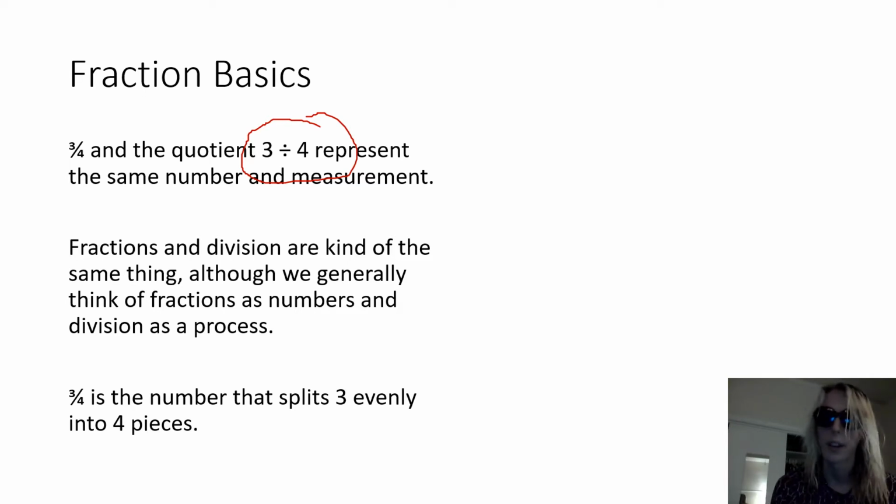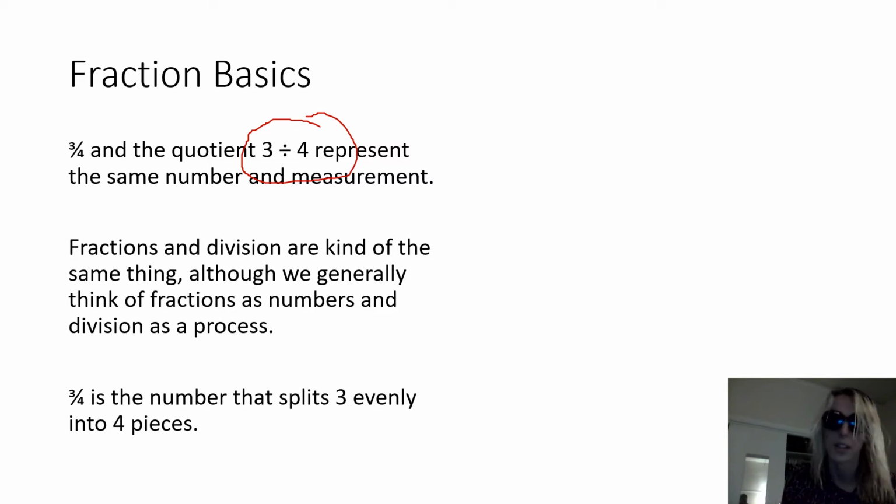And we think of the quotient 3 divided by 4 as a process. We think of 3 divided by 4 as representing the process of splitting up 3 cups of flour among 4 people, whereas 3/4 represents the measurement, how much flour does everybody actually get. So they have a ton to do with each other, but they're conceptually different things a little bit.